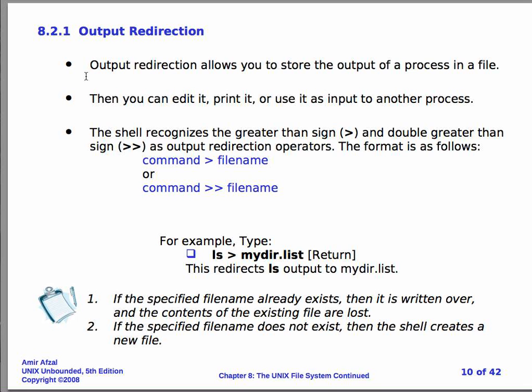Once you redirect the output of a program or a process into a file, then you can edit it, print it. If you need, for example, to show someone the files in a particular folder, that's all you have to do, ls space greater than, and you can print it out or email it, whatever.